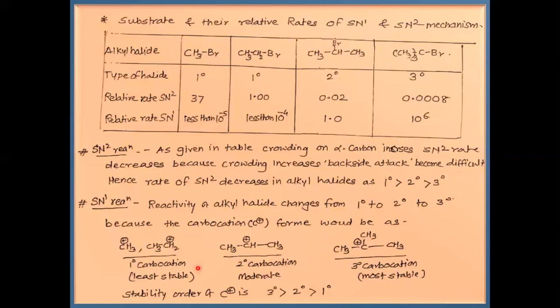So the stability order of carbocations is tertiary greater than secondary greater than primary. Hence, SN1 reaction is favorable for tertiary alkyl halides.